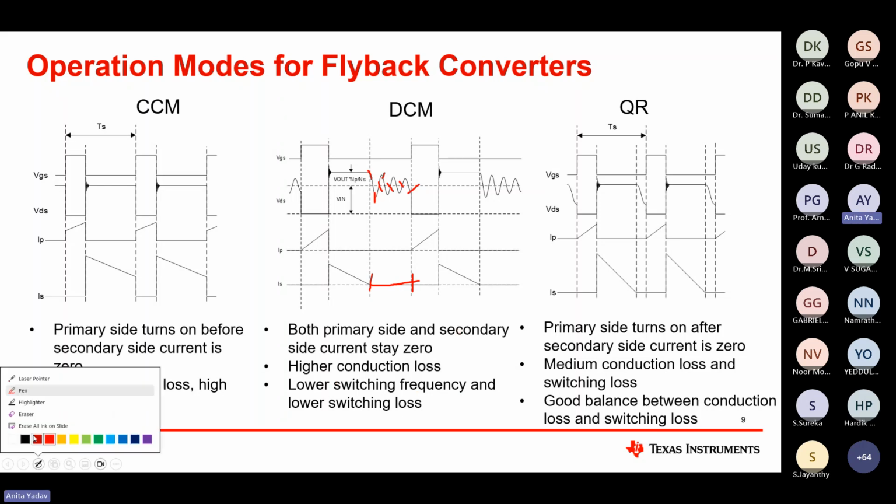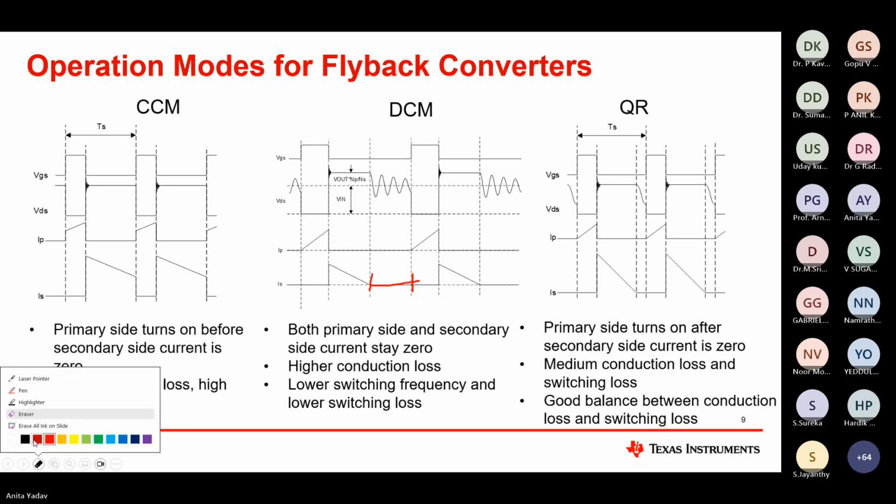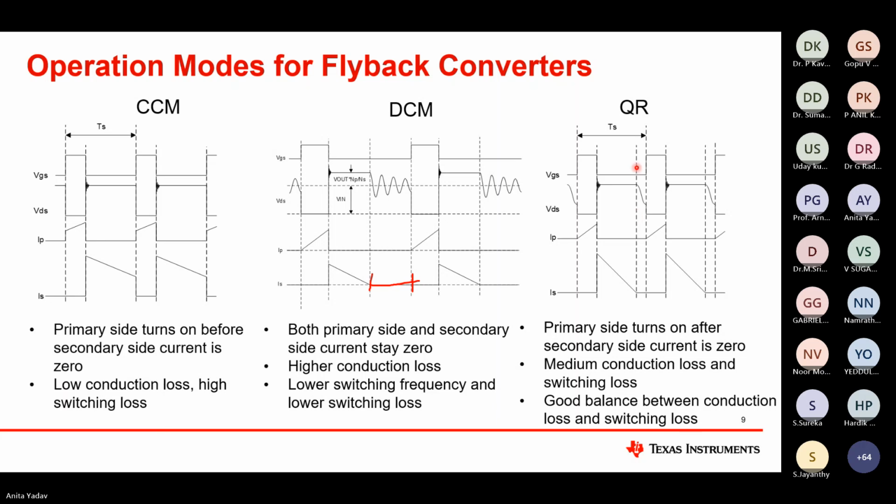Now coming to the QR flyback. QR stands for quasi resonant, and the QR term is generally used for first valley switching. Valley switching means it can switch in the first valley, second valley, third valley, fourth valley, or any number of valley.